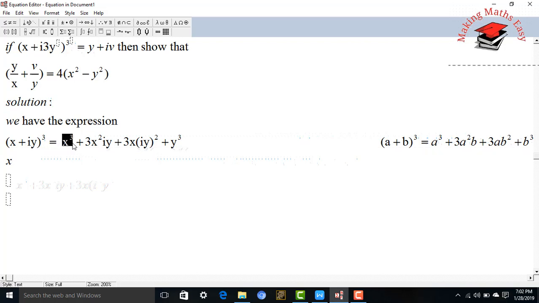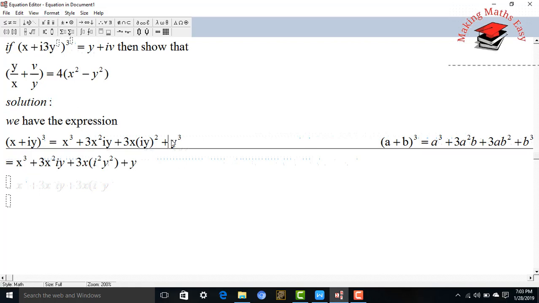So first of all write x³ as it is, which becomes x³ plus 3x² iy plus 3x, and put a bracket and write i², then y², and close the bracket, and write plus (iy)³.